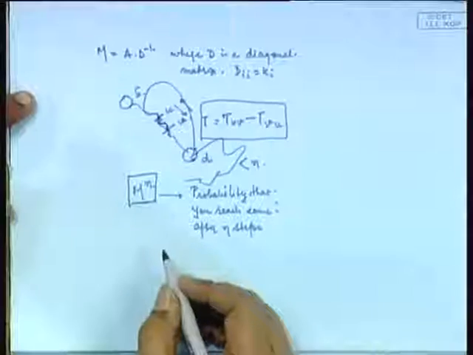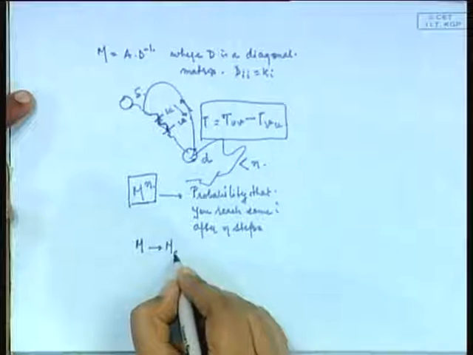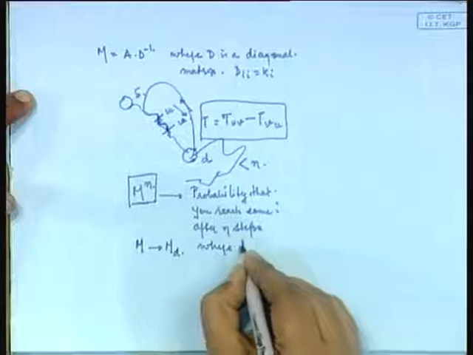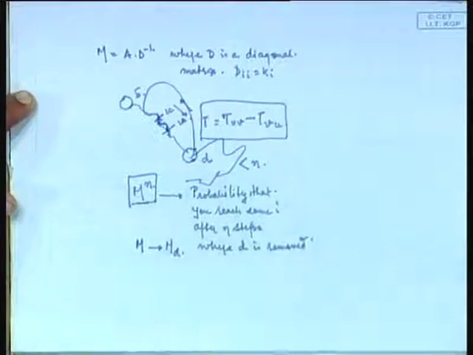So, the simple solution is that from M you produce M_D, where the row D is removed.